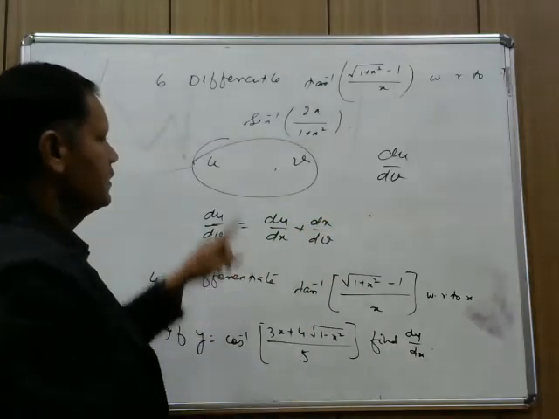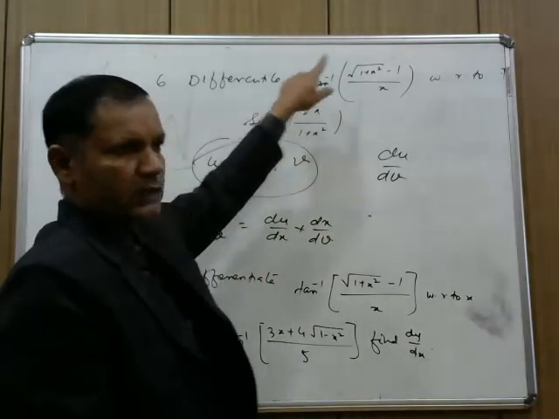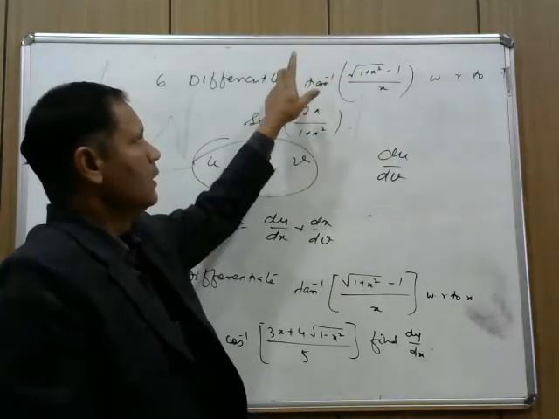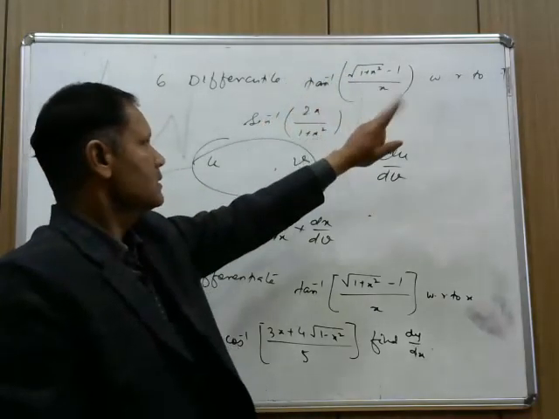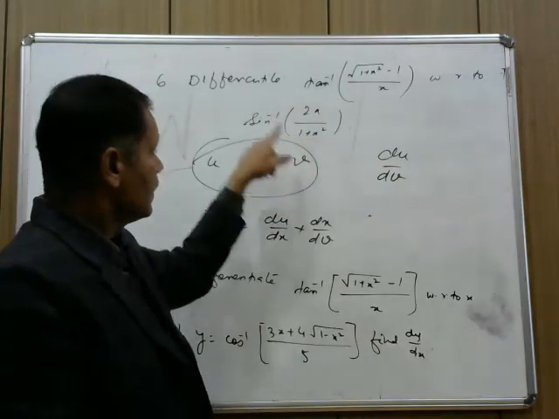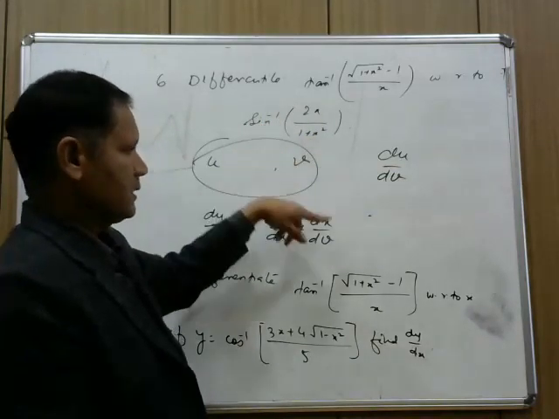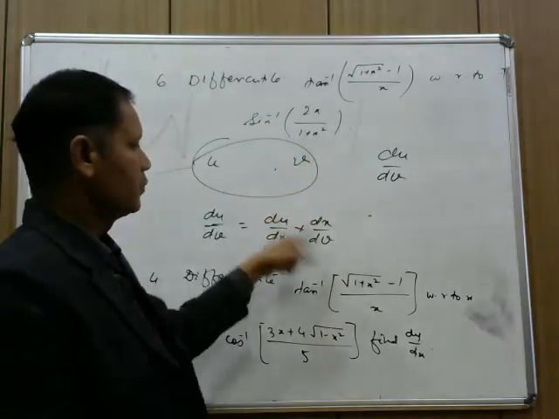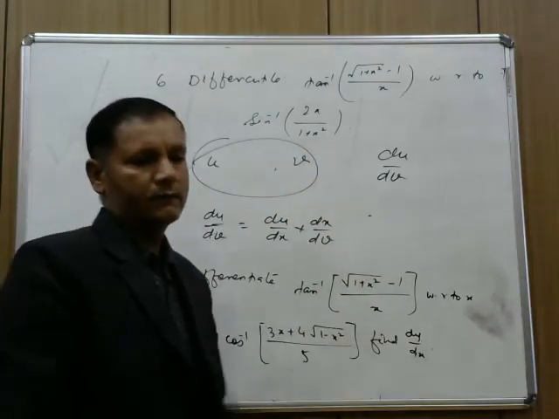That means differentiate u and v with respect to x, and then put the values, we will get the value of du/dv.